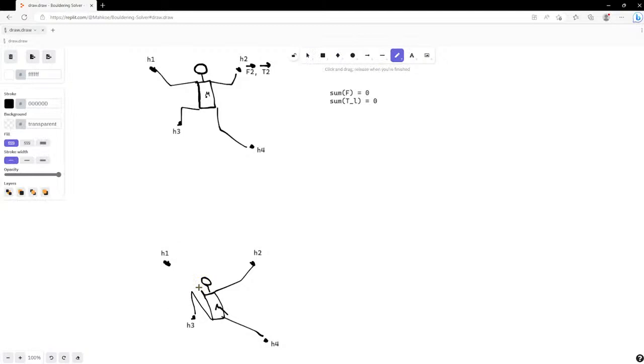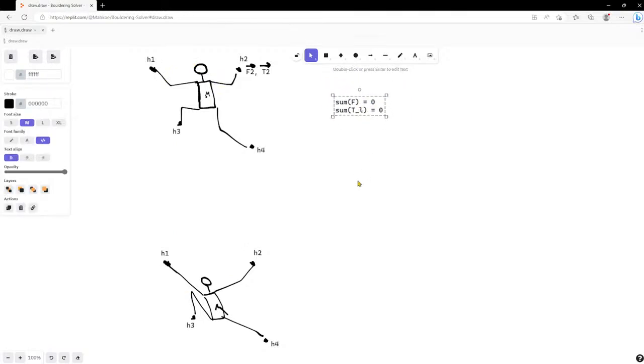Maybe this arm would be a little straighter. Okay. So it is possible. There's actually probably an infinite number of ways that you could be situated on these holds and still maintain these two constraints.